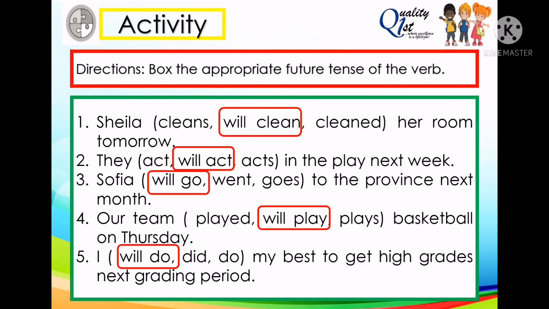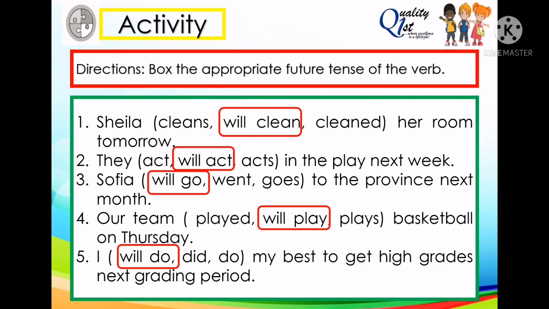Okay? Now the time expressions or the time indicators are, for number 1, we have tomorrow. Number 2, next week. Number 3, next month. Number 4, on Thursday. And number 5, next grading period. And they talk about future tense.